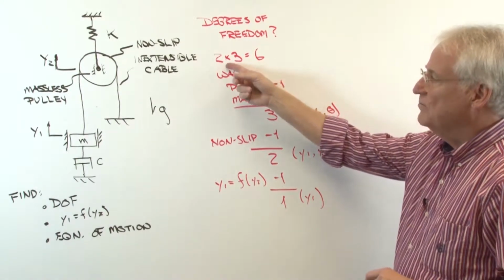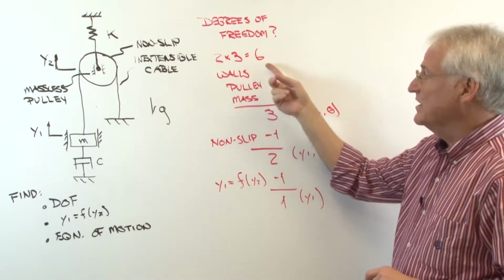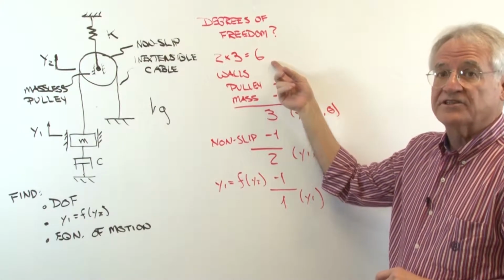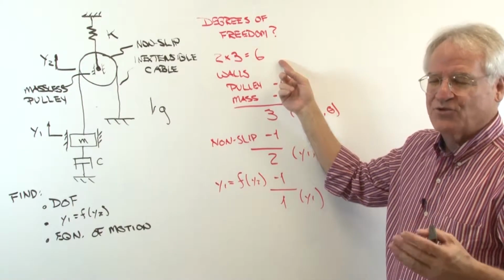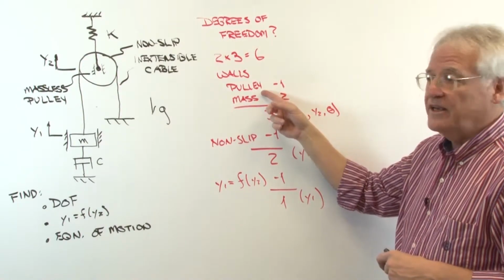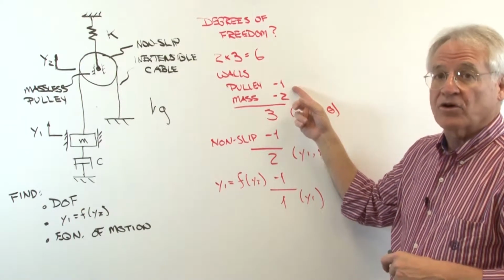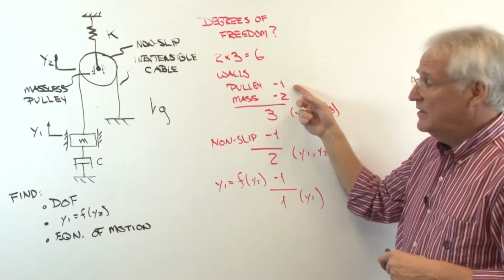There's two rigid bodies in planar motion. So the unconstrained condition, there are 6 degrees of freedom total. X1, Y1, theta 1, X2, Y2, theta 2. The walls constrain the pulley, removing a horizontal motion and 1 degree of freedom.